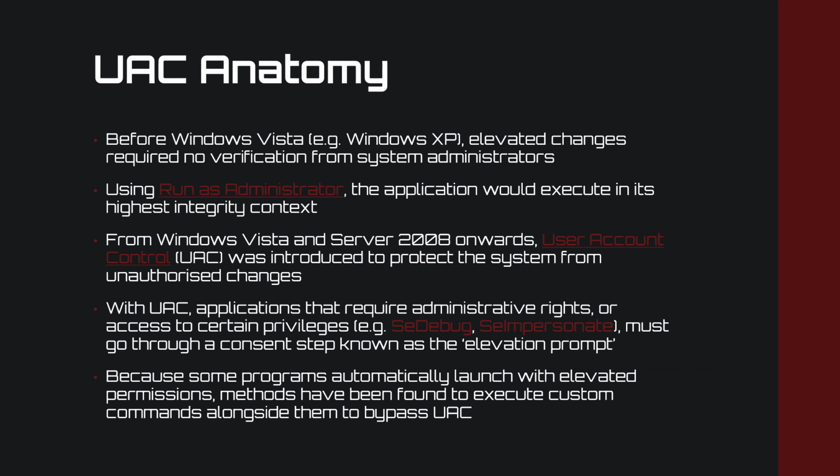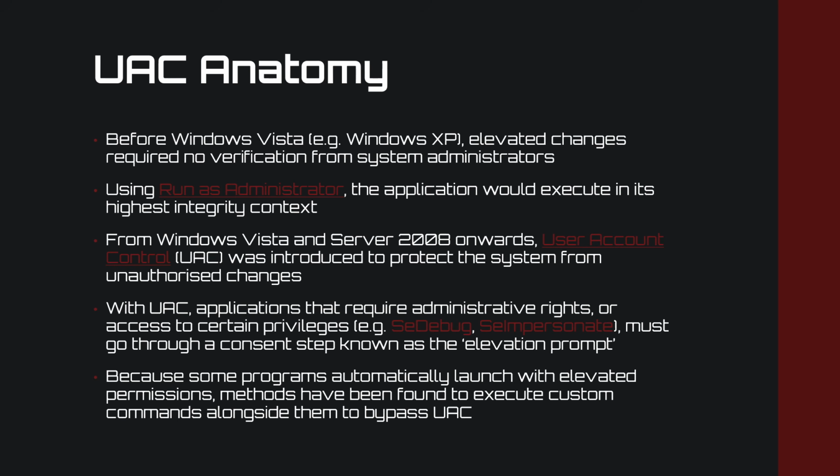Now, to understand why UAC came about and how it functions: before the days of Windows Vista, any elevated change that was made on the system required no verification from the local system administrator.